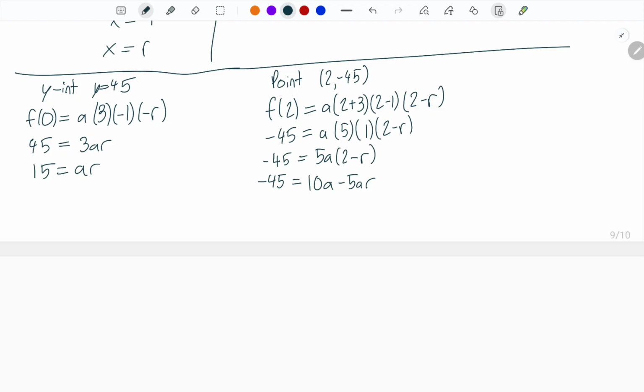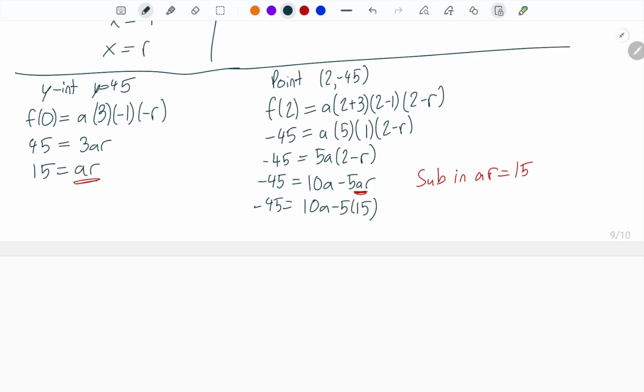Okay, so I've just expanded that, and what I'm going to do is, well, we have a times r on this left equation, and we have a times r here. So sub in ar equal to 15. And so that will just become -45 equal to 10a minus 5 times 15.